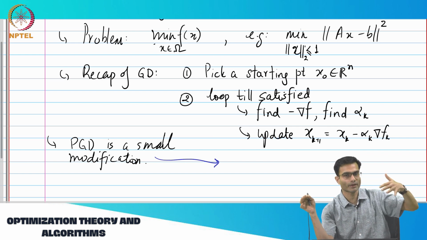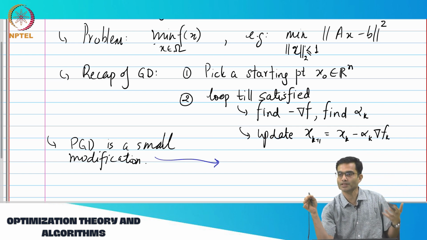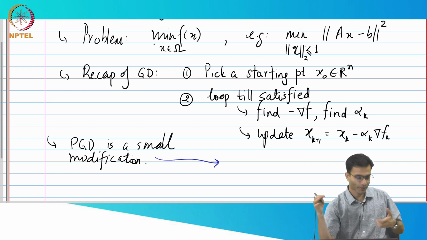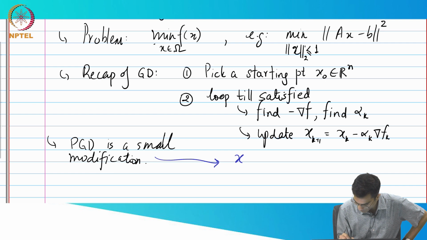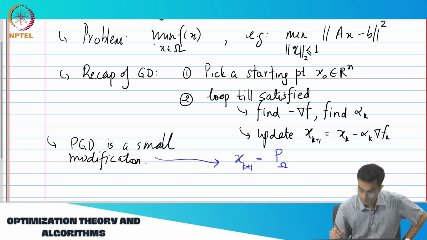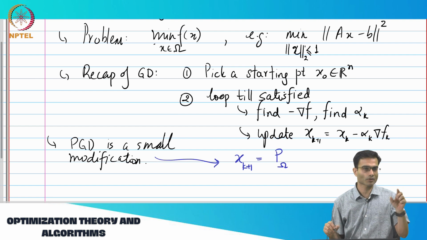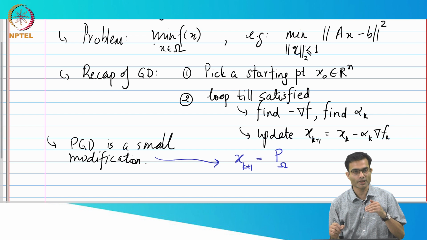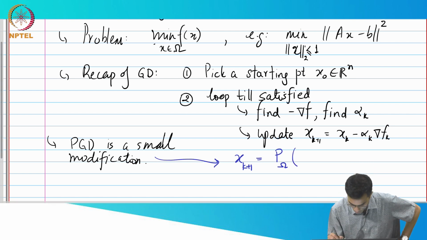So at that point, I use a projection operation to make sure that I'm still feasible. So I say x k plus 1 is equal to P, where P defines the projection operation, and the subscript omega says project into this set. And what do I have over here?